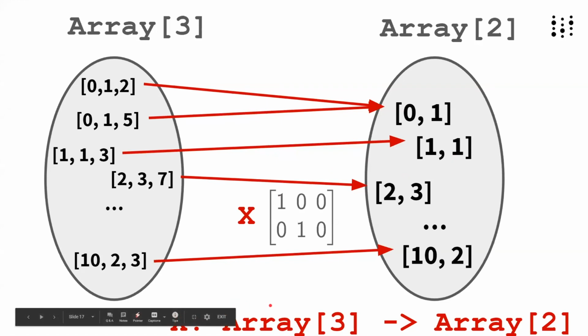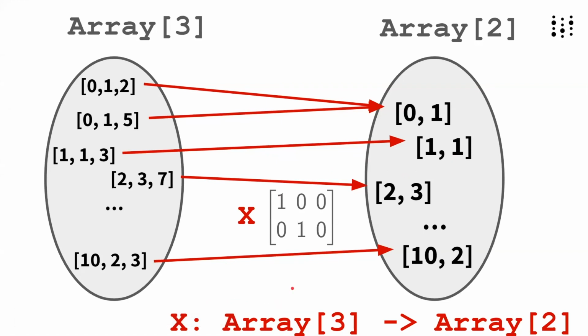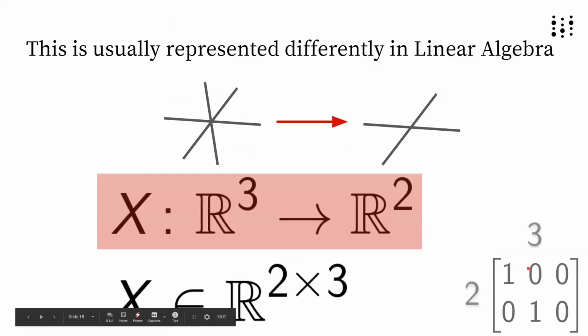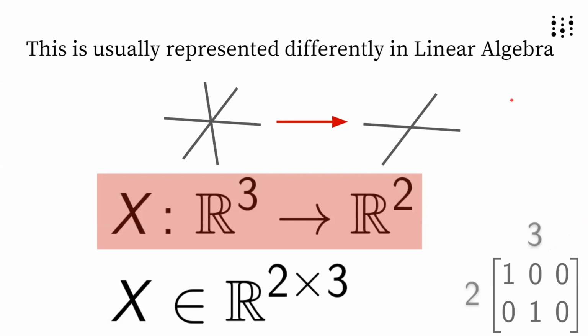And so we would denote that, following the programming style syntax, as saying X is a function that goes from arrays with 3 values to arrays with 2 values. And we write that a little bit differently when we get to linear algebra, but the principles are all exactly the same.